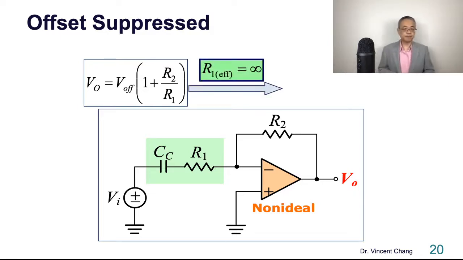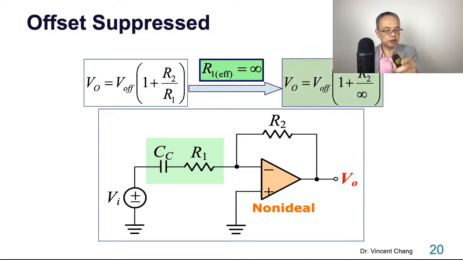It's DC. So the DC resistance of the green structure, the green block, is infinite. So the effective DC resistance of R1 is actually infinite. So in this case, the offset voltage, the internal force, won't be amplified. So this is the offset suppressed.